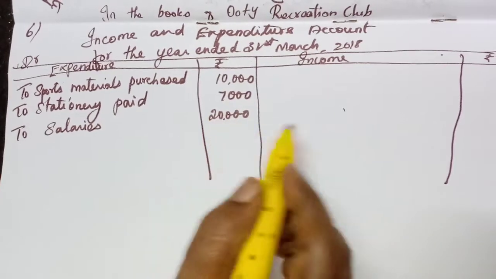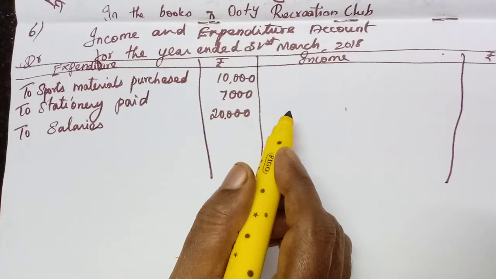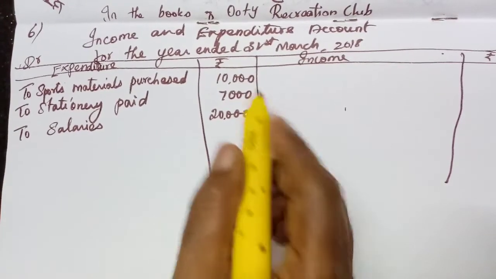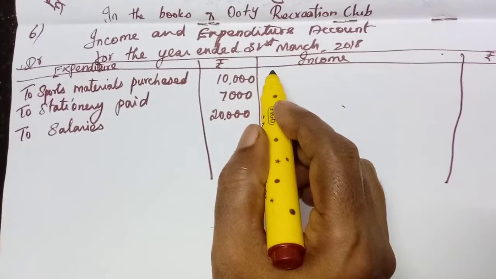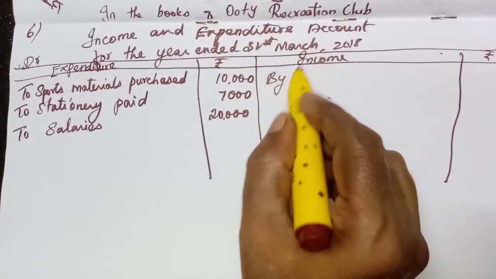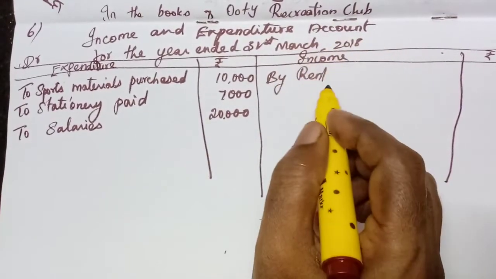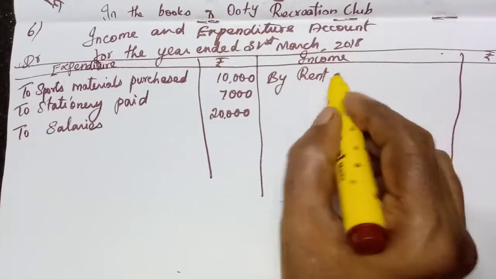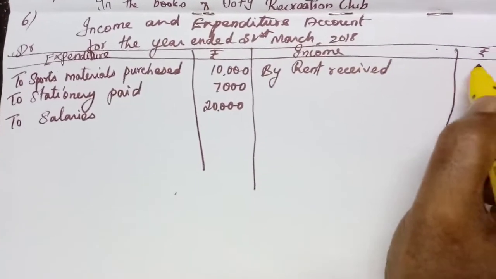Now we will go to the other side, the income side. The receipt side we have to see in the problem. So the opening balance should be omitted. Second one, rent received. Here we have to write by rent received, 10,000.